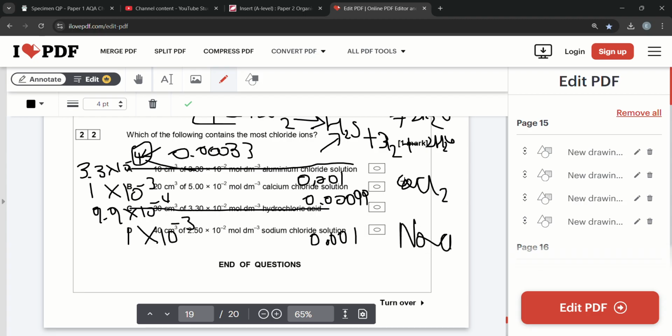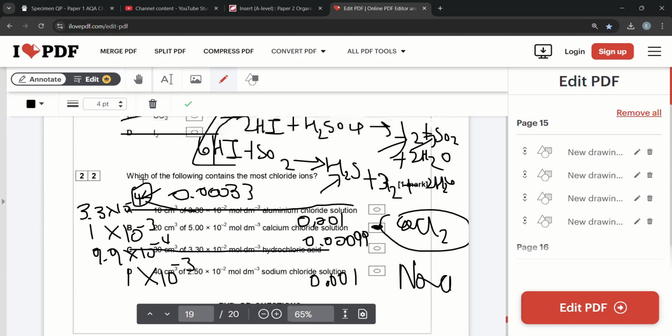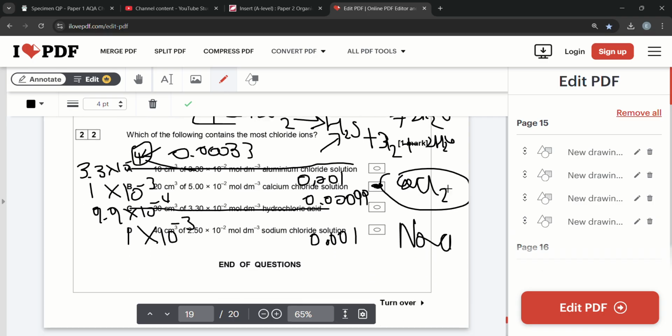So this one is going to have more chloride because it's times 2. That's the really sneaky trick, and hopefully if you spotted it, great, and if you didn't, you should learn now. You need to write down the formulas as well. That's CaCl2, so we've got 2 of that, so it's going to be double, it's going to be more. It's going to contain the most chloride ions. Therefore the answer is B. That's the end of multiple choice questions.